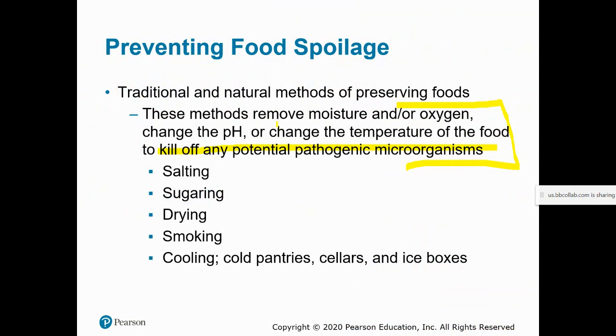Traditional common methods for food preservation include salting, sugaring, drying, smoking, and then of course cooling. In any of these methods, adding salt, adding sugar, drying it, smoking it, we're removing moisture and or oxygen, or we're potentially changing the pH, so that we're trying to make the environment inhospitable for these potentially pathogenic microorganisms.